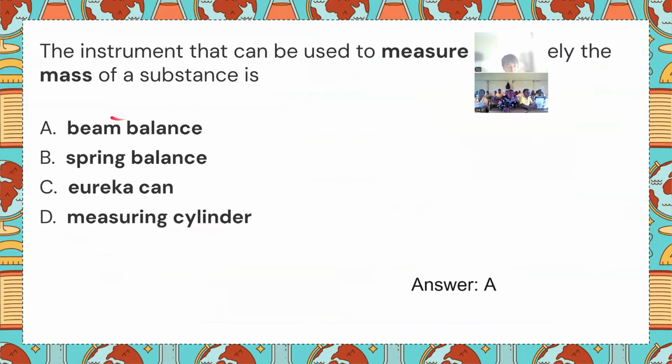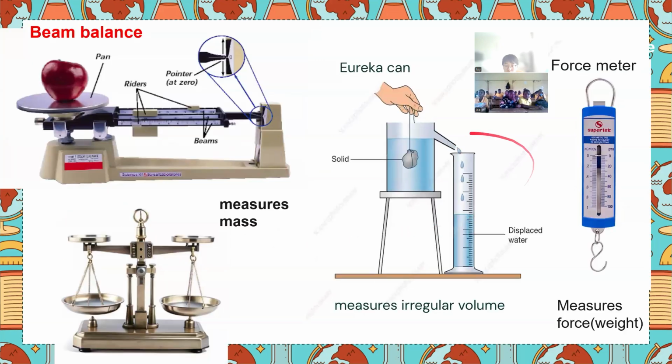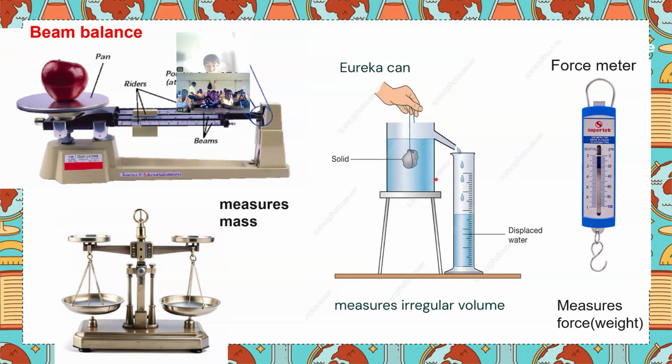And this also talked about the spring balance, the Eureka can, and the measuring cylinder. So the Eureka can is where you put a solid and you displace a certain amount of water to measure the solid's volume.